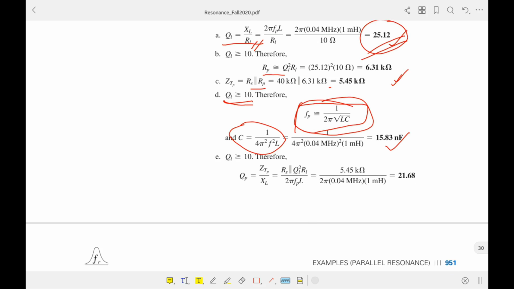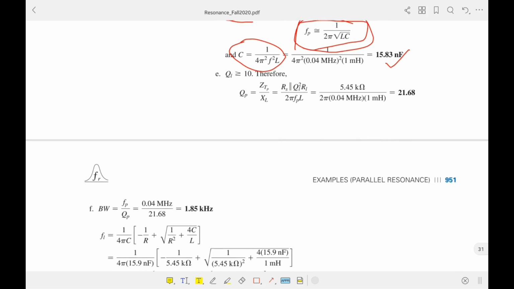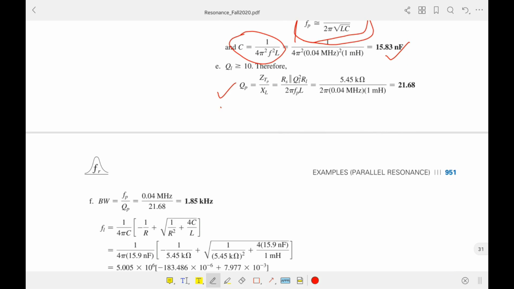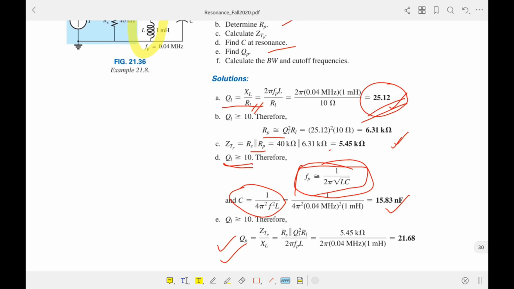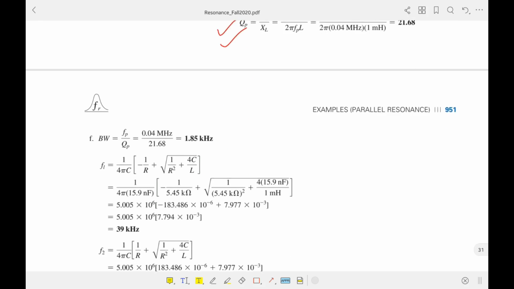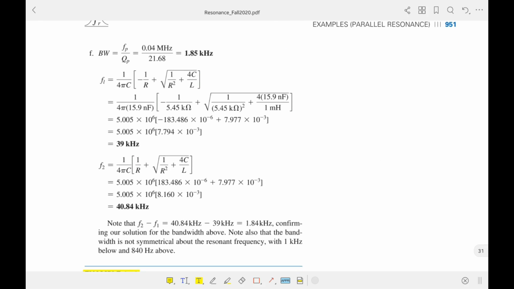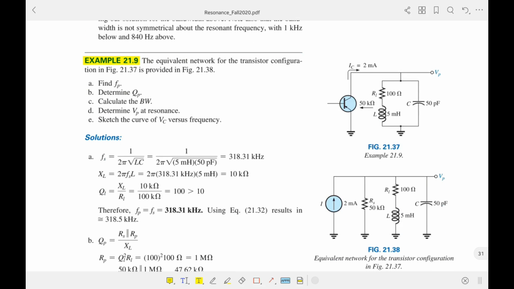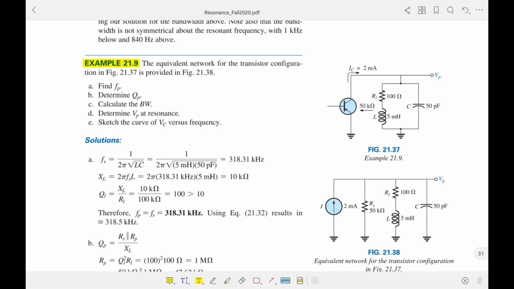A similar approximation is used, so we can find Qp as well, with the similar formula previously mentioned. And question F asks to calculate the bandwidth and cutoff frequencies. This is also a similar procedure. Previously this calculation was already done, bandwidth, then cutoff frequencies. Anyway, now example 21.9.